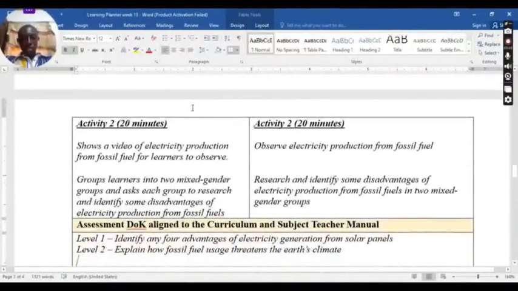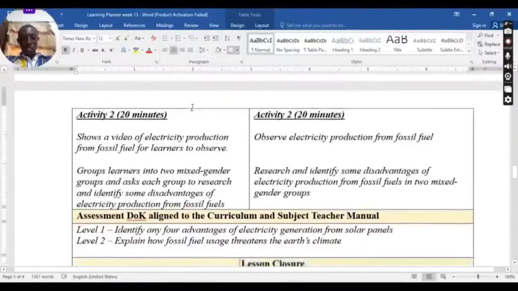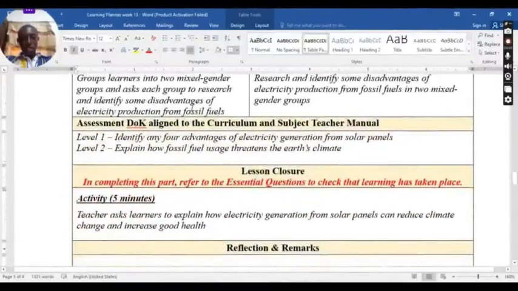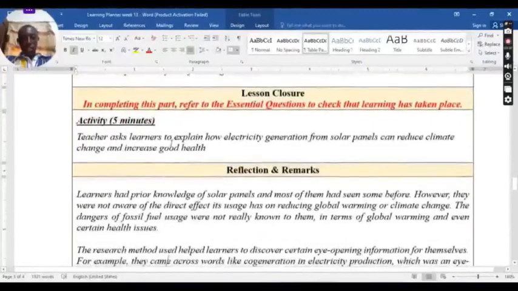There can be a lot of activities, at least one activity. Then from the activities we go to assessment, then lesson closure, and then reflection.